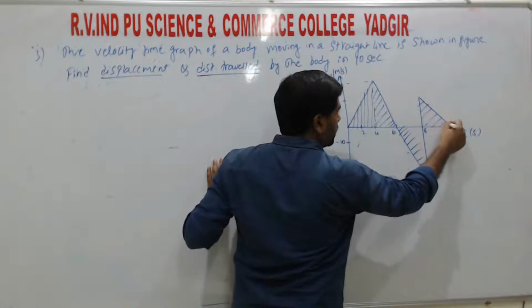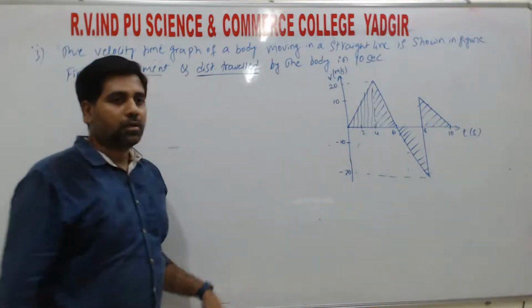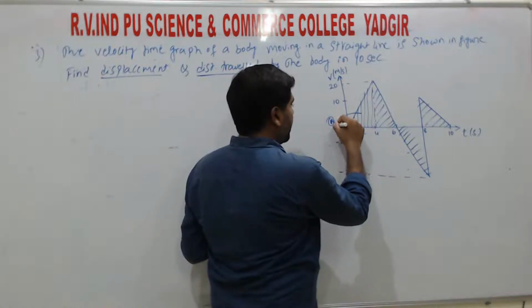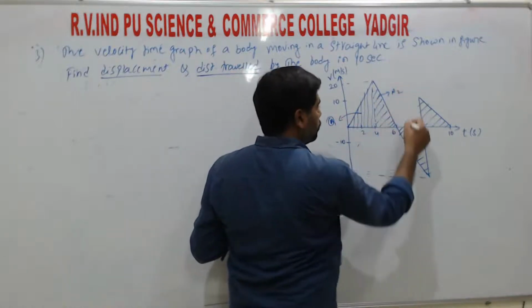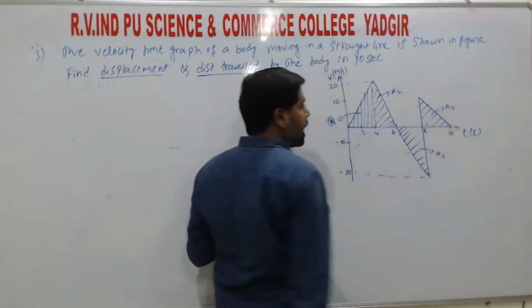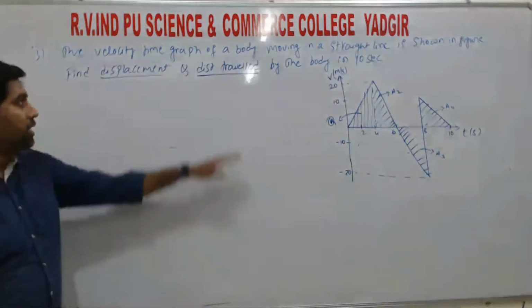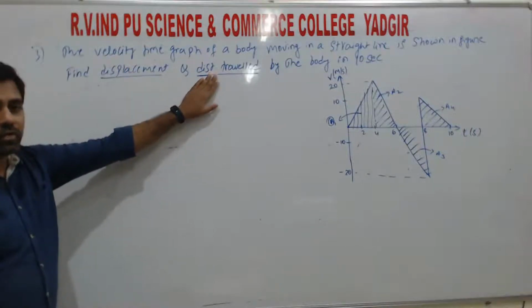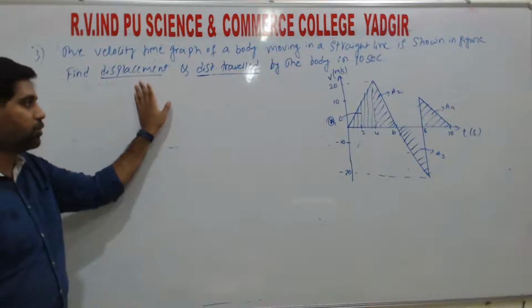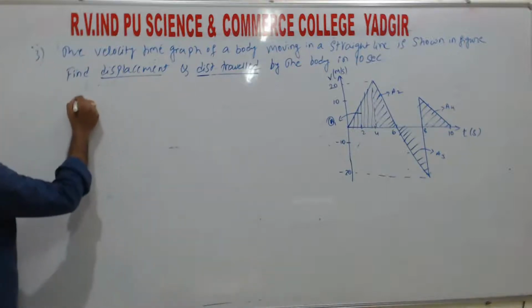Again here. So we need to find the areas. So calling them A1, A2, A3 and A4. If we add all these 4 areas, we get the distance, right? In the same way, we get the displacement, right? So calculate.